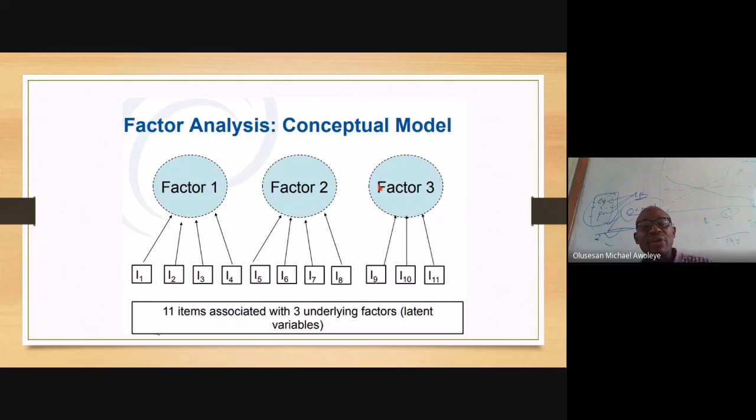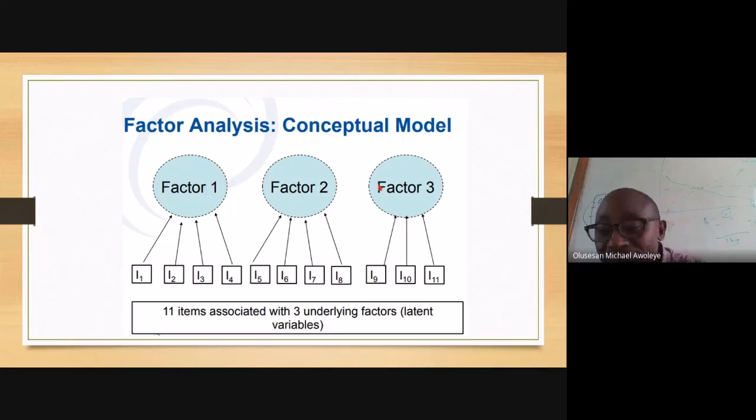Then another one, L5, L6, L7. The grouping is not by inspection. The grouping is by a factor. And then that one is also grouped. It's called factor 2.